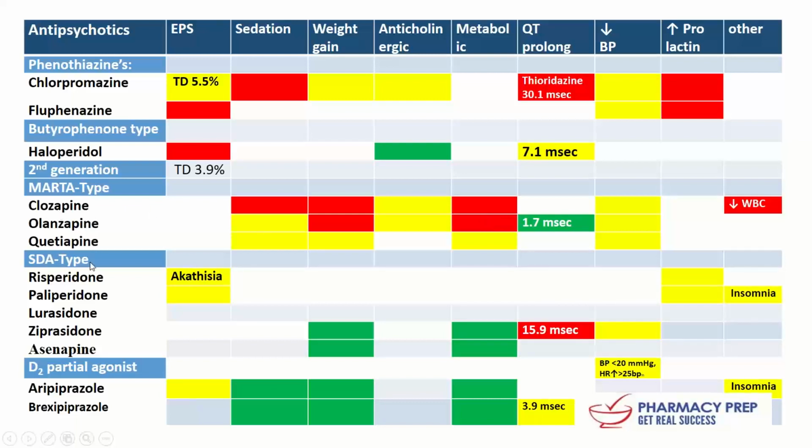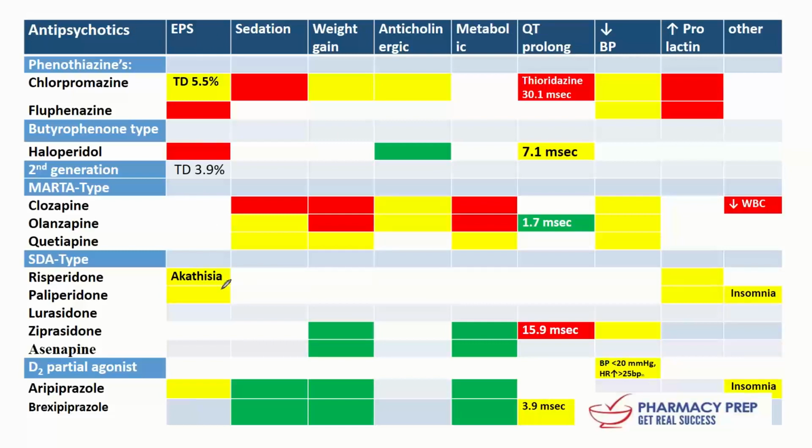Quetiapine is also not a great option. Then you can choose any of the newer drugs which are less likely to be associated with metabolic and weight gain side effects. So selection of the drug depends on the patient's specific conditions in the case scenarios. Good. So that's about the extrapyramidal symptoms.